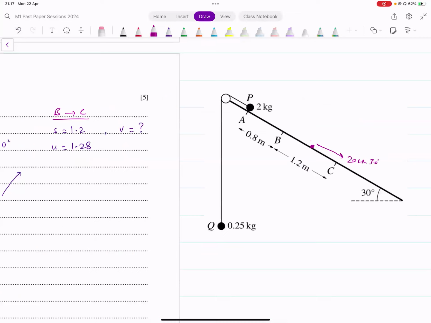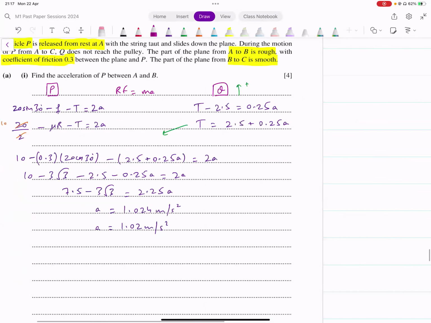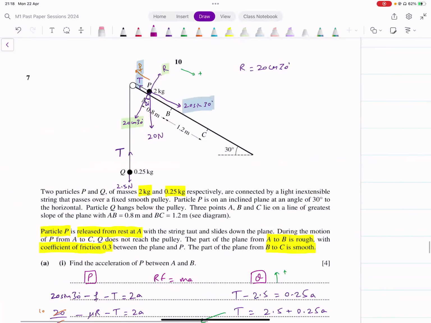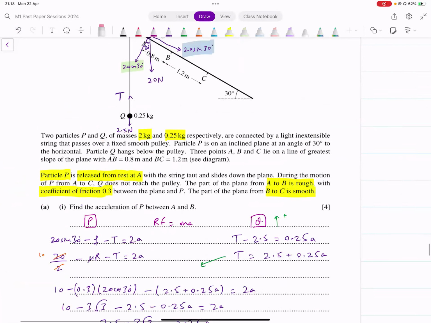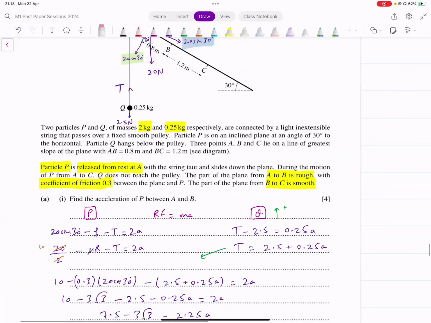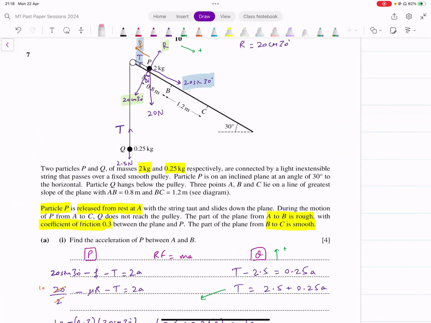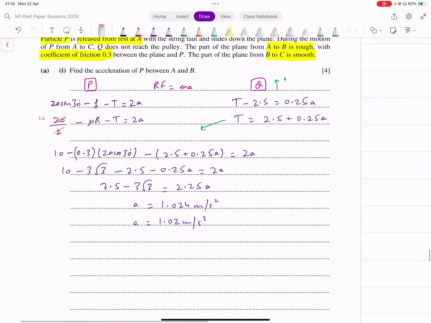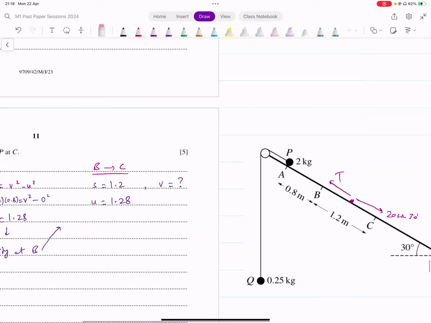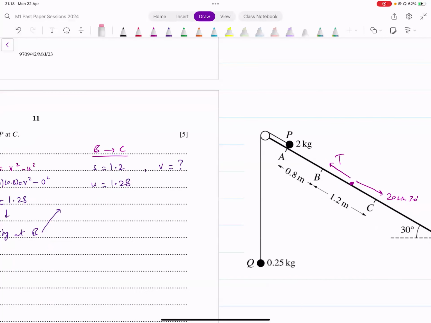There's tension acting in this direction. And that's it. These are the only two forces acting along the plane. Earlier, we also had friction, but there's no friction anymore. So there's a component of weight acting down the plane, and there's tension acting up the plane.